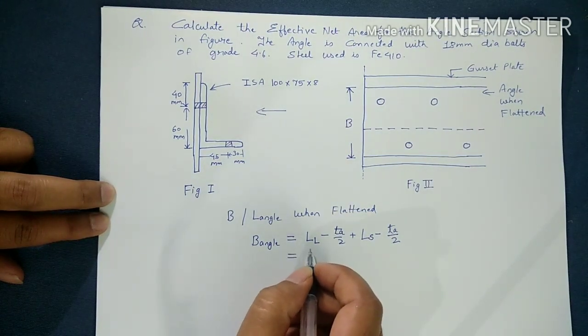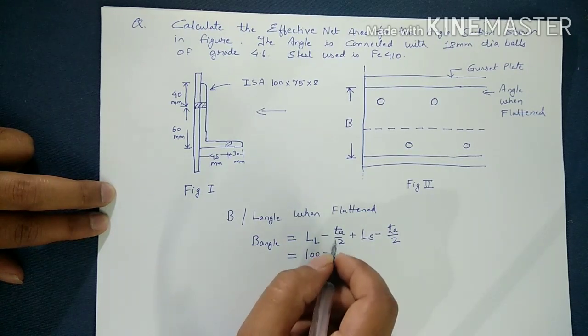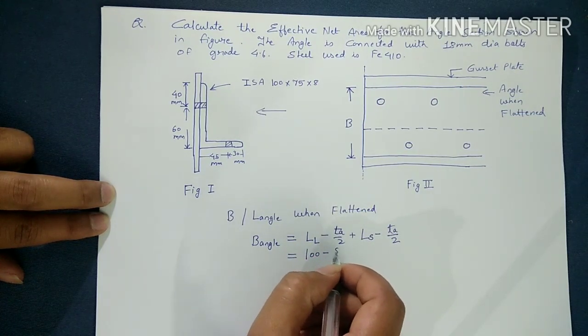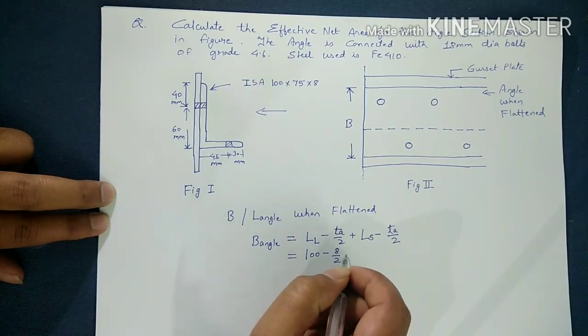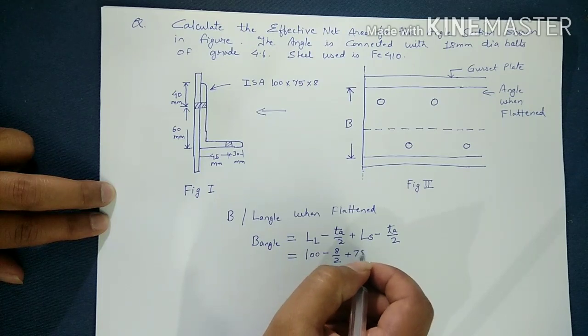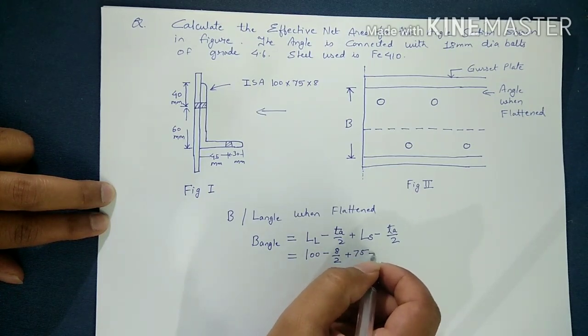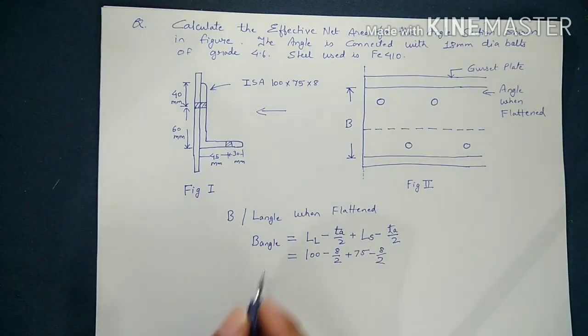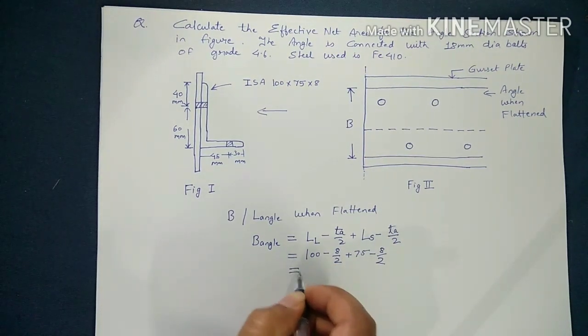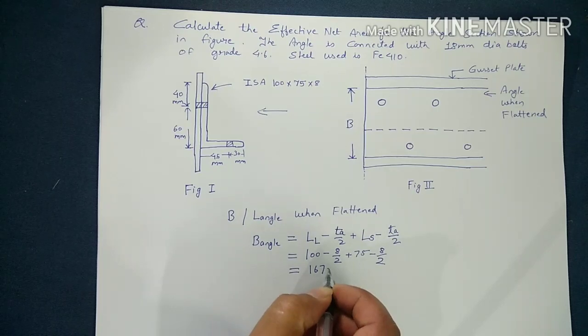So length of longer leg is 100 minus thickness of angle 8 by 2, plus shorter leg is 75 minus 8 by 2. On solving this, we get 167 mm.